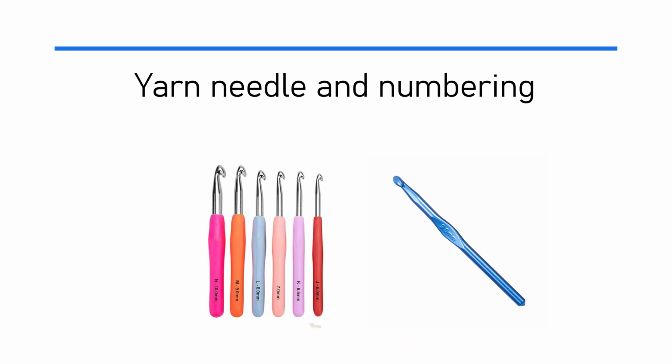And for the numbering, there are two types: one is the alphabetic numbering, another one is the numerical numbering. Can you see, on the first needle both alphabets and the number are printed. On the second needle, in the second picture, you can see only the number is printed.